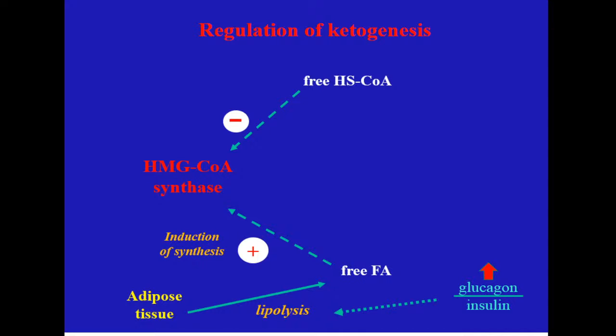Glucagon and adrenaline in high level can start lipolysis. In its order, free fatty acids will be combined with free coenzyme A. It's the first reaction of activation of fatty acids, formation of acyl coenzyme A. Remember about this step.